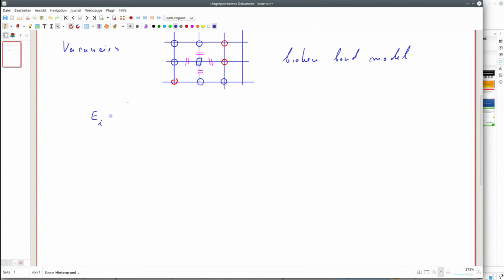I mean, basically it's that over 2. I did not go through all these steps here. Plus this parameter epsilon times NAB. And A and B is a total number of A and B atoms.